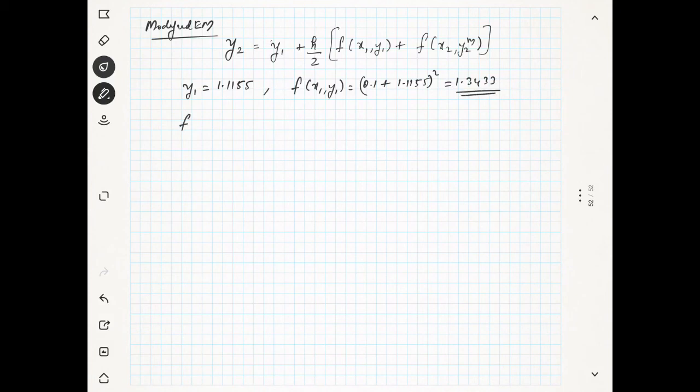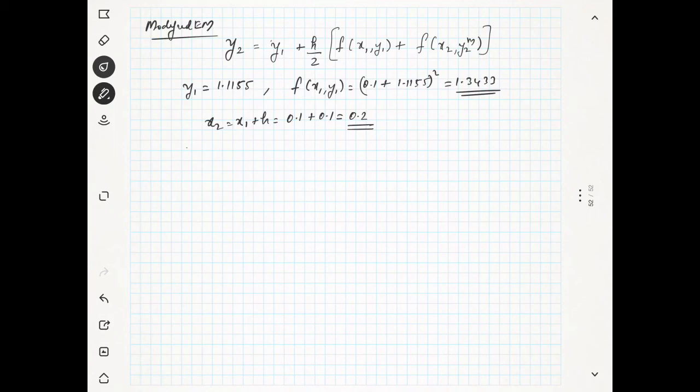Now f of x2 y2m. What is x2? x2 is equal to x1 plus h, which is 0.1 plus 0.1, which is equal to 0.2.